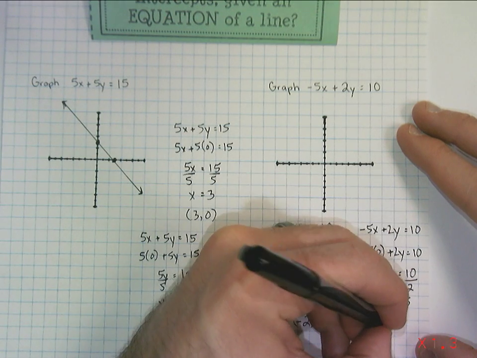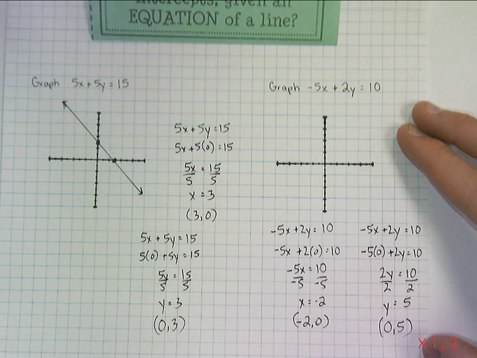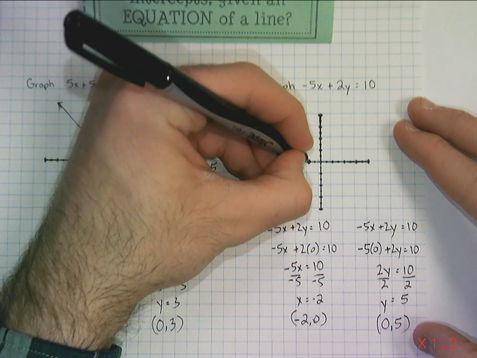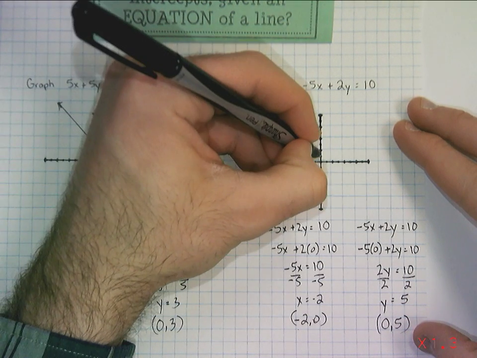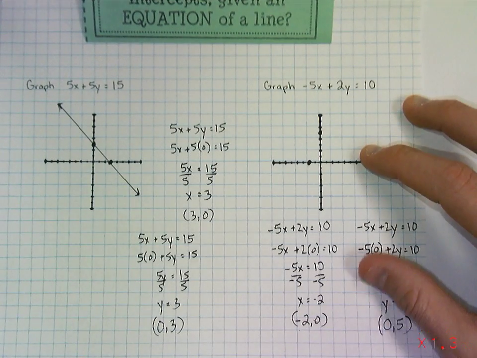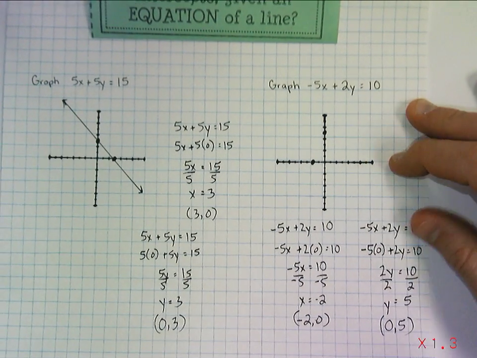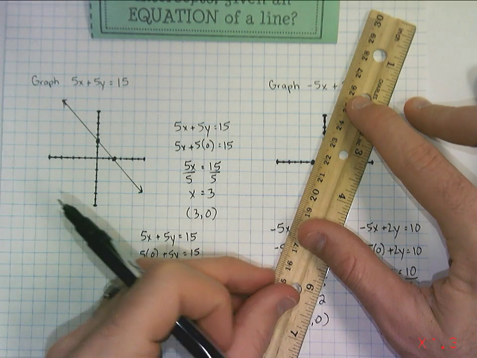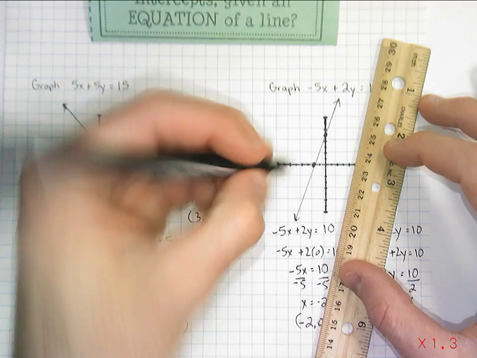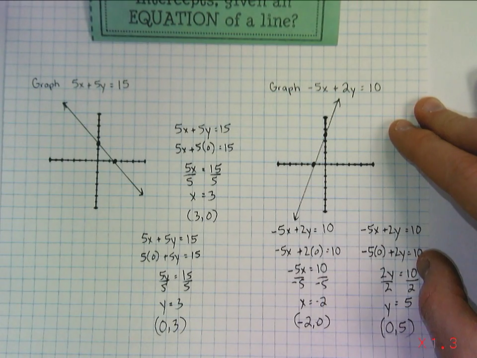That coordinate would be 0, 5. Plot those. Negative 2, 0 is going to be here. 0, 5 is 1, 2, 3, 4, 5. Put the line through there. Arrows on the ends. And that's what that answer should look like.